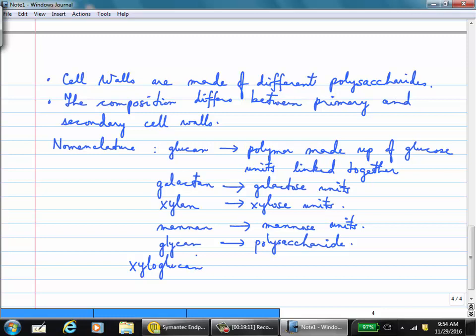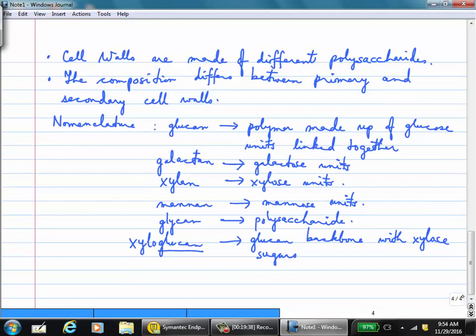If somebody says this is a xyloglucan, that means the backbone is made of glucose units linked together, and then the side chains are made of xylose. So a glucan backbone with xylose sugars. Then another example could be arabinoxylan.